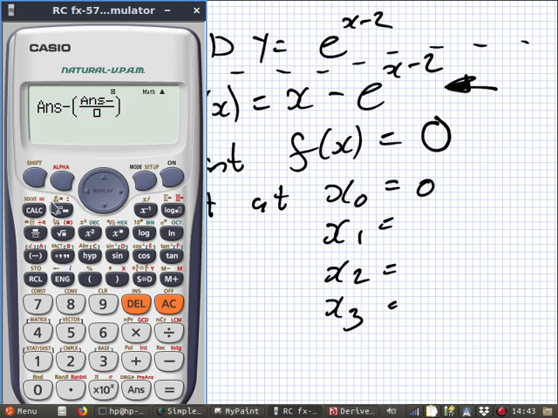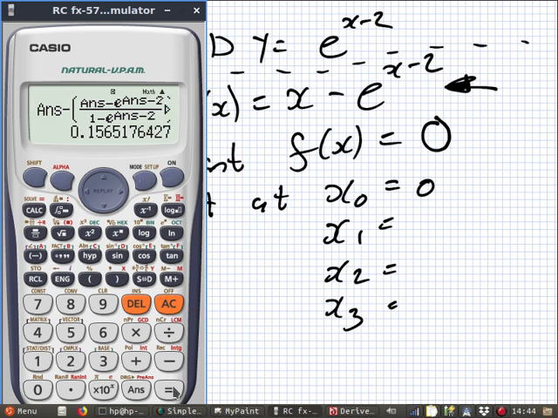x minus e power x minus 2 over the derivative, which is 1 minus e power x minus 2. That's the derivative.